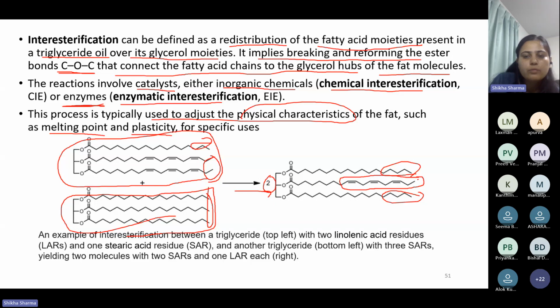So there is this modification happening, and interesterification like this is happening.